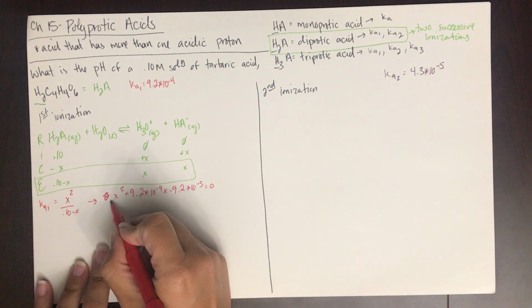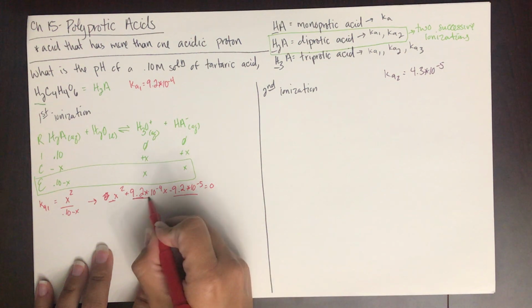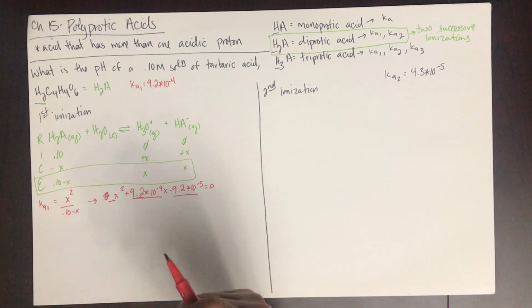So there's my A, B, C. Now I'm going to use the quadratic formula: x equals negative b plus or minus the square root of b squared minus 4ac.